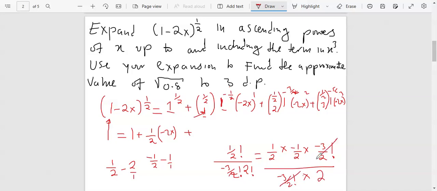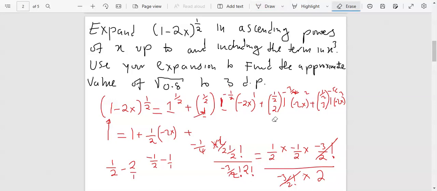So this will cancel with this. So what we have here is negative on top. Okay, on top we have got 1 over 2 times negative 1 over 2. That will give us negative 1 over 4. And then down we have got 2. So in other words, divided by 2, which I can also write as times, and the 2 goes in the denominator. So this will give us negative 1 over 8.